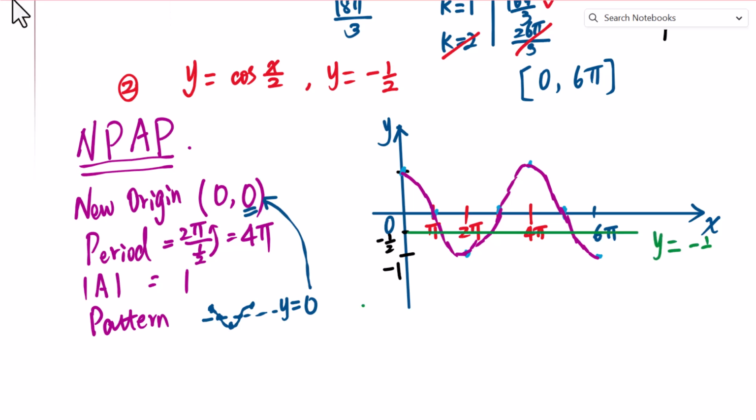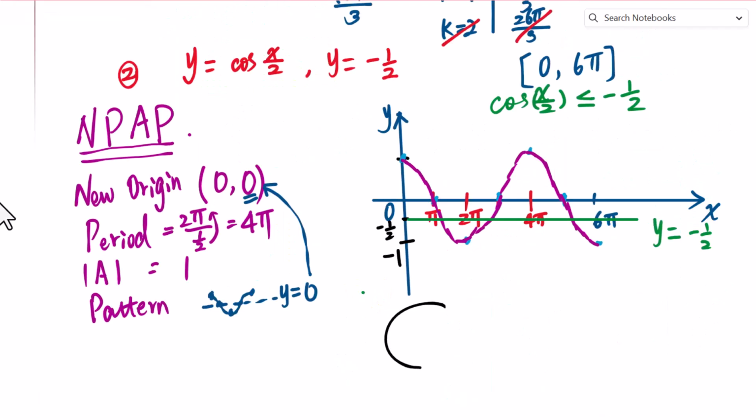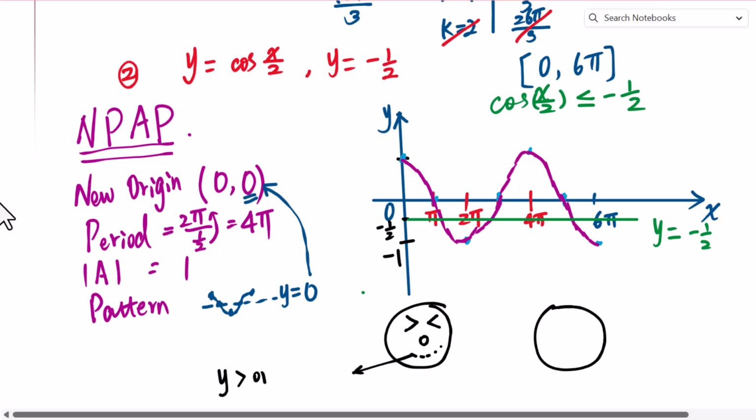Y equals -1/2. We are solving cosine x over 2 less than or equal to -1/2. Use a happy face and angry face to remember. Greater than or less than is an open circle for the number line, and a dotted line for y greater than or less than mx plus b.